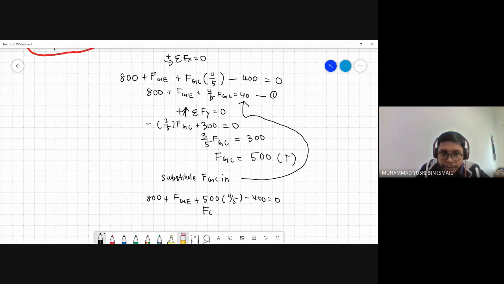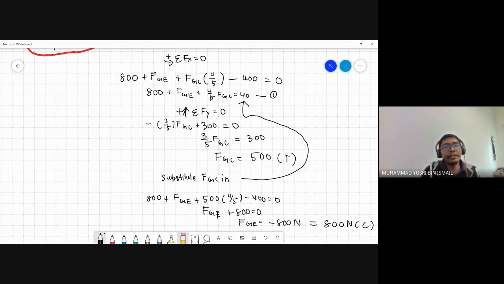So you will get FGE plus 800 equal to 0. So FGE equal to negative 800 Newton. So 800 Newton is basically in compression.